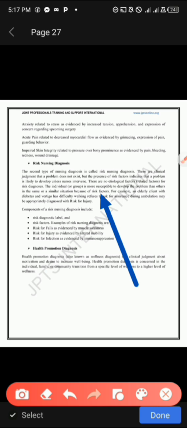There are no etiological factors, only risk factors. Etiological factor means related factor for a risk diagnosis.